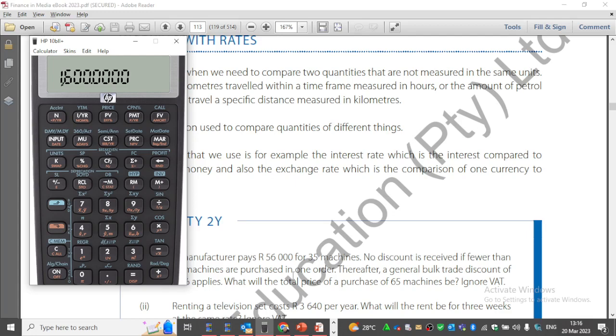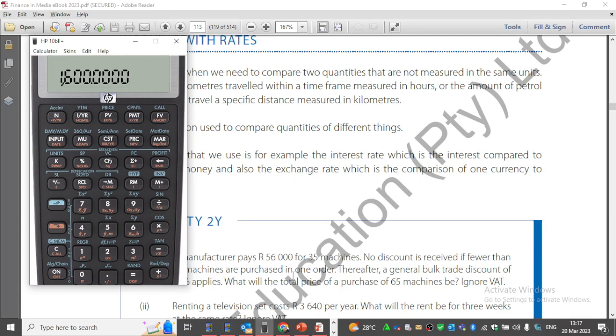So the customer cannot be given discount if they buy 40 machines today and then come and buy 20 tomorrow, meaning that the 20 they are buying tomorrow will be a different transaction, which will be below 40. They won't receive discount. Only on general bulk, when they are buying everything in bulk and it is above 40, that's when they receive a 10% discount on everything that is above 40.